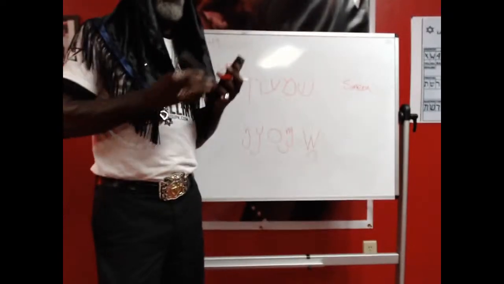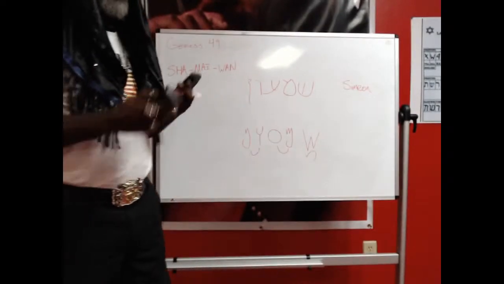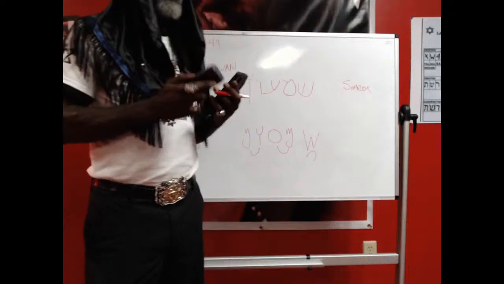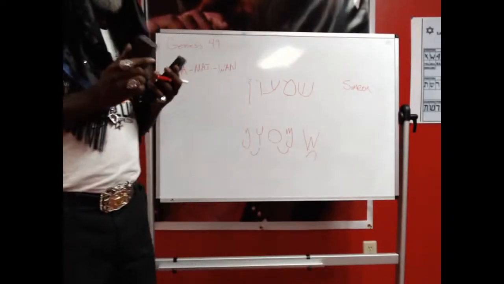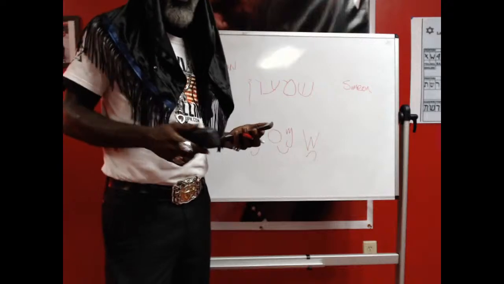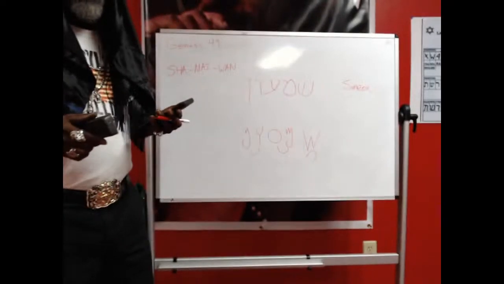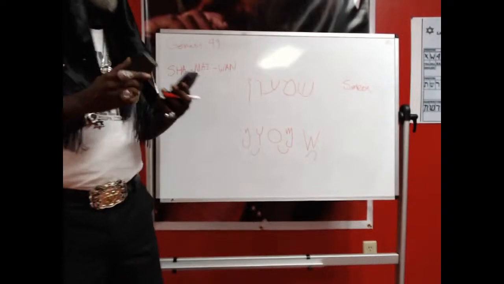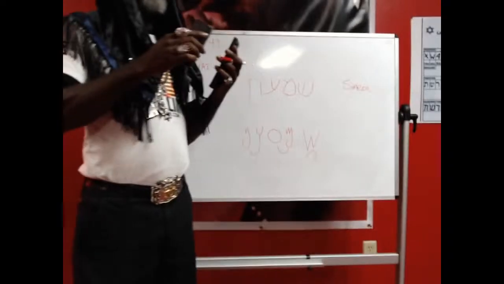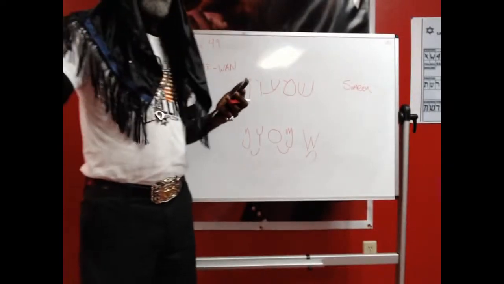Because his language that he's speaking is not Hebrew. It's a form of Hebrew. It's a bastardized form of Hebrew called Yiddish, where they've added their language, which is German and Dutch, to the Hebrew to make it sound the way that it sounds today for them to speak it.